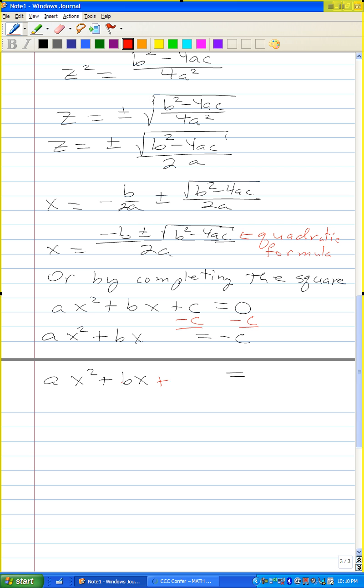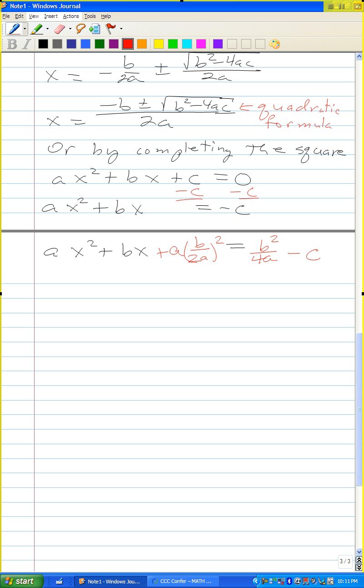I take b divided by 2a, so b over 2a, square that, and then multiply by a, and add that to both sides of my equation. And so that's going to be a b squared over 4a squared minus c.